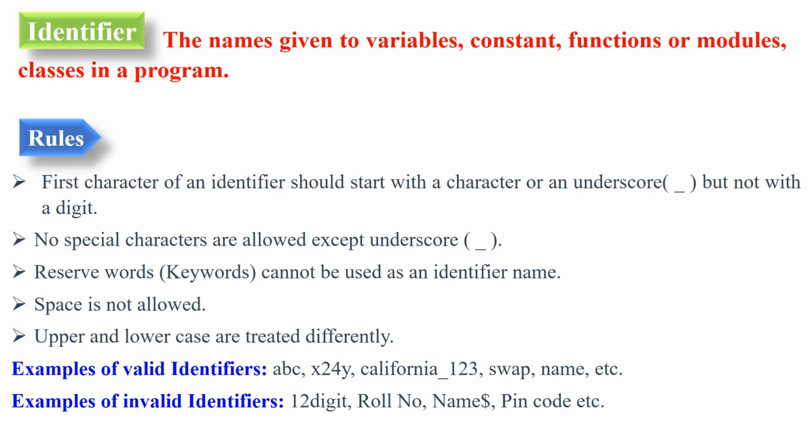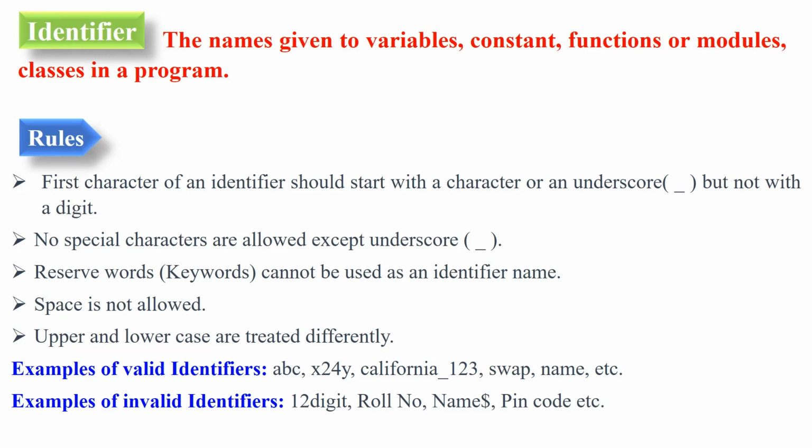Reserved words, keywords, cannot be used as an identifier name, for example, reserved words like the print function. Space is not allowed. Upper and lower case are treated differently. Examples of valid identifiers are ABC, X24Y, California, _123, swap, name, etc.